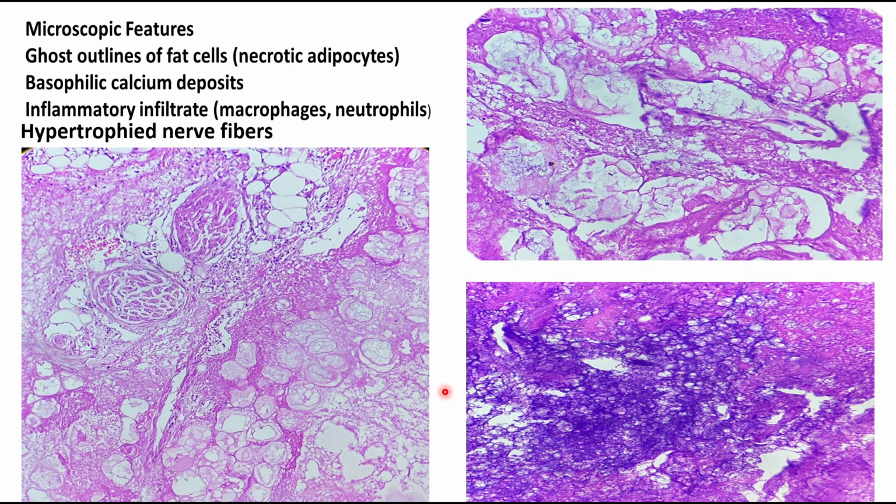So microscopically, these are the ghost outlines of fat cells, which are called necrotic adipocytes, basophilic calcium deposits, inflammatory infiltrate in between these fat cells, and hypertrophied nerve fiber.